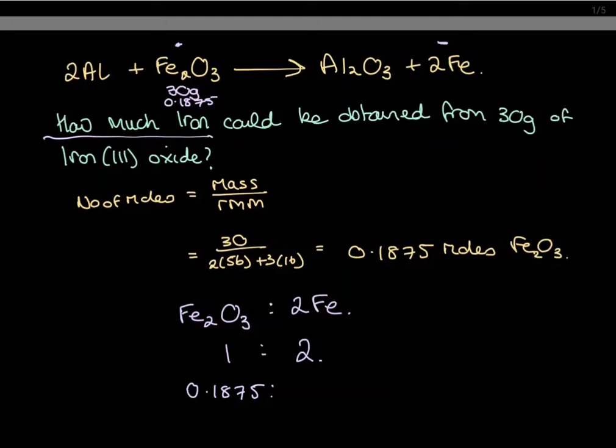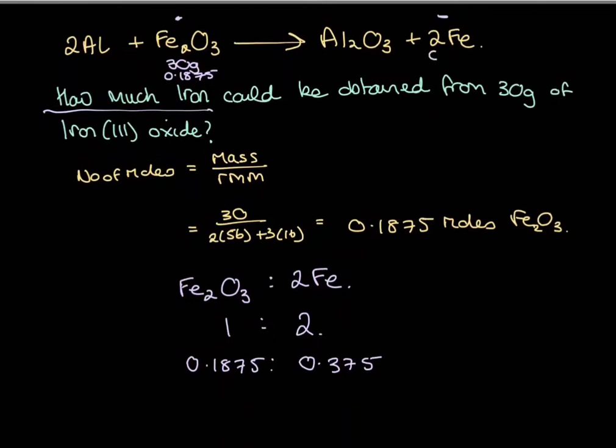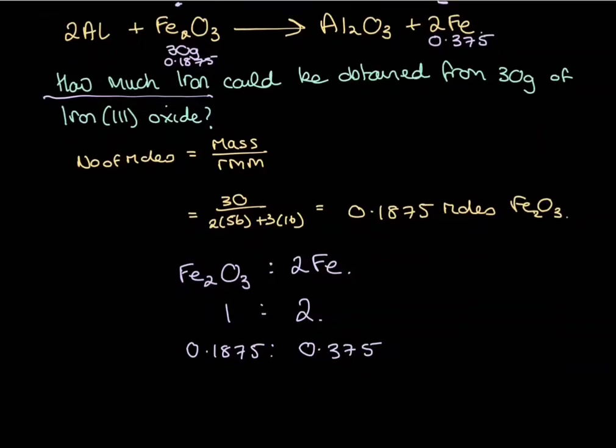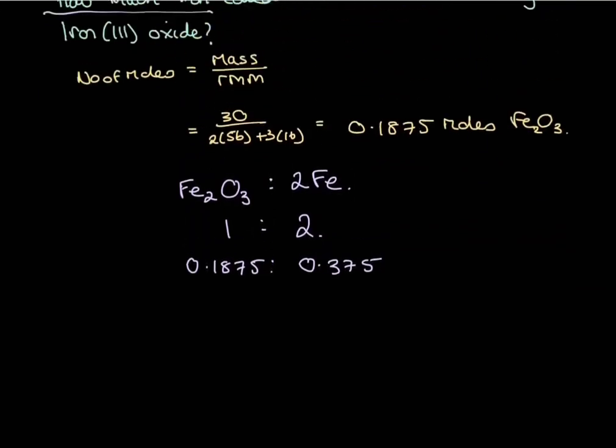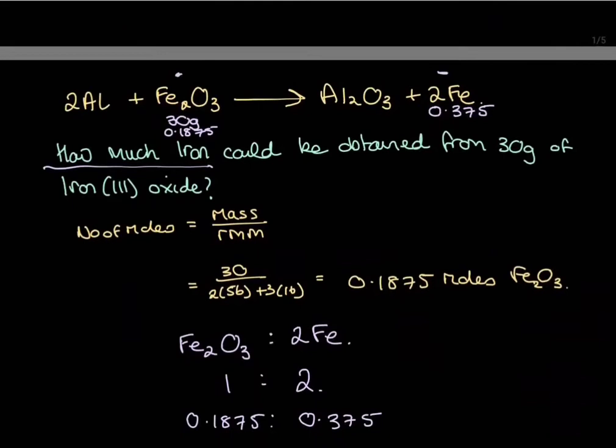So I'm going to take that 0.1875 and multiply it by 2. And that's going to be 0.375. So now I have the moles of the iron that's present. And if I have the number of moles, I can work back, look up here for a second, and find out how much iron in terms of mass was produced.